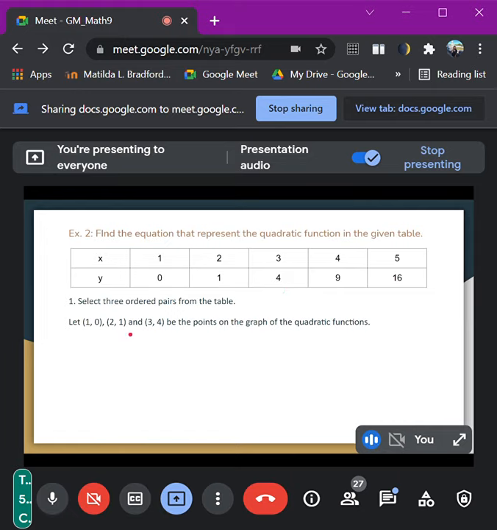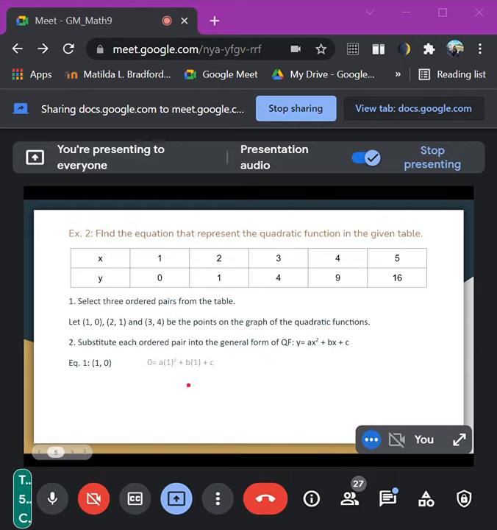Now, this time is proceed ta sa atong step number 2. For step number 2 is to substitute each ordered pair sa tuang general form of the quadratic function. So, mag-start ta sa 1, 0. So, you have there 0 is equals to A quantity 1 squared plus B times 1 plus C. Okay, 0 nimo kay Y, and then X nimo gipang substitute ra nimo og 1.